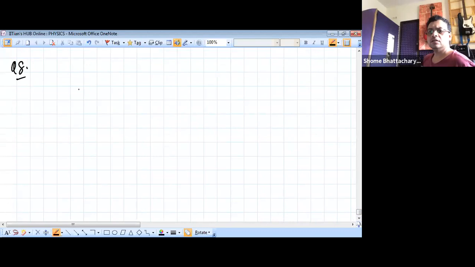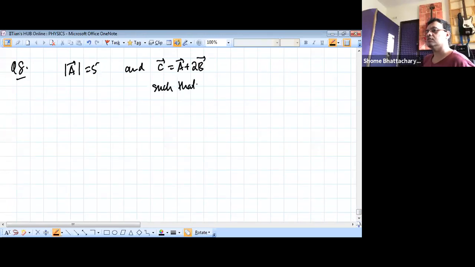There are two ways of solving vector algebra. One is using geometrical representation and the other is using the component representation. So in question 8, it is given to us that the magnitude of vector A is 5, and that vector C is equal to A plus 2B such that C is perpendicular to A. This is one piece of information given to us.